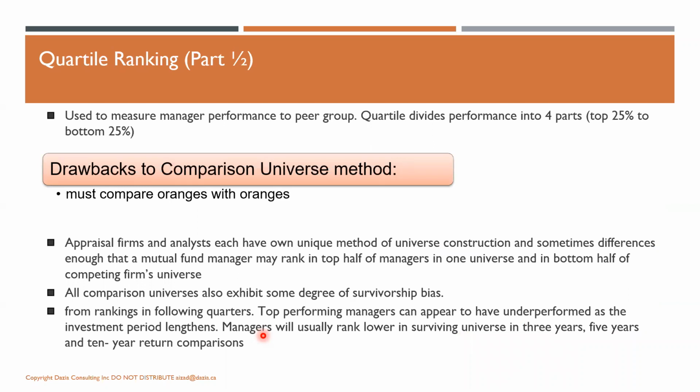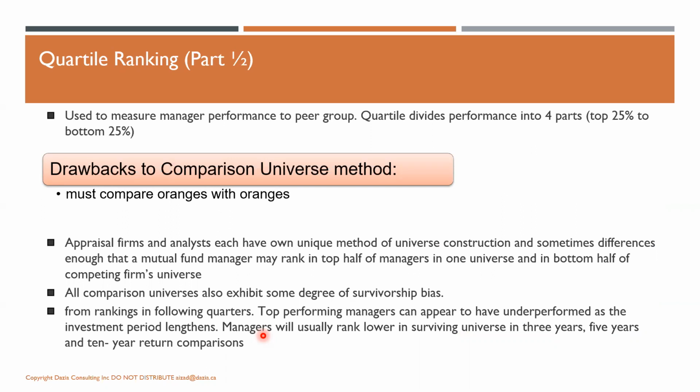What is quartile ranking? Quartile ranking is what you do, for example, if you have 100 mutual funds, you rank them top to bottom. Which one made the best returns, then which one made the next, top to bottom, and then you split it into four sections. The top 25% is going to be the first part.